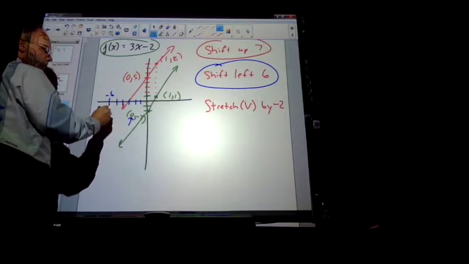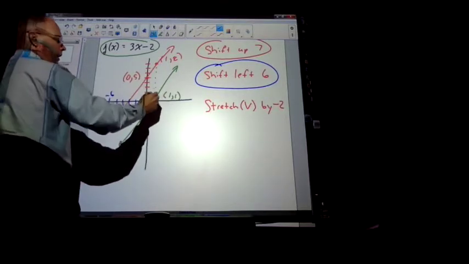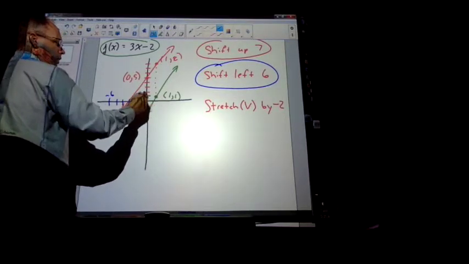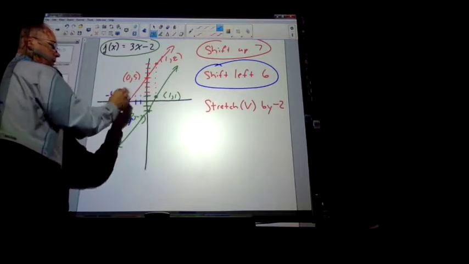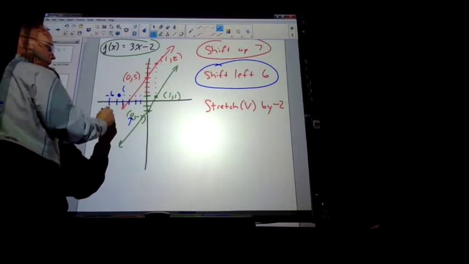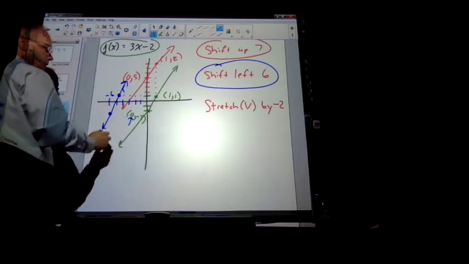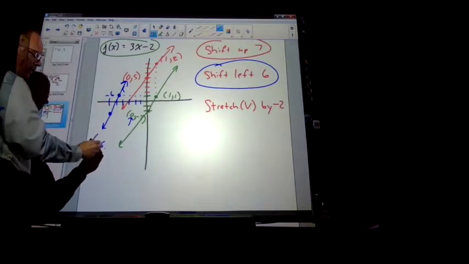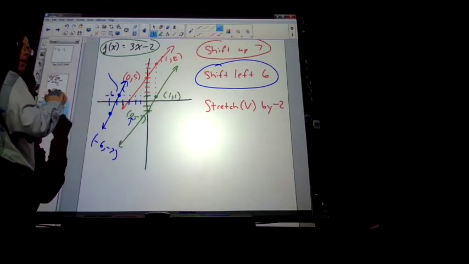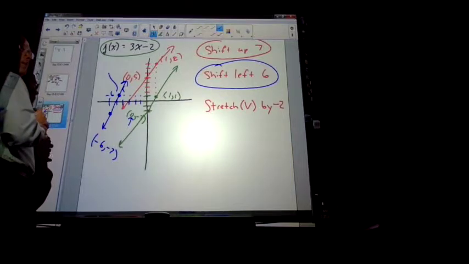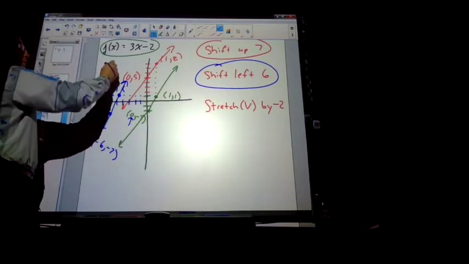And then this point here is going to change. So I'm going to come back 1, 2, 3, 4, 5, 6. So this is the point -6, -2. And this right here is the point -5, 1.